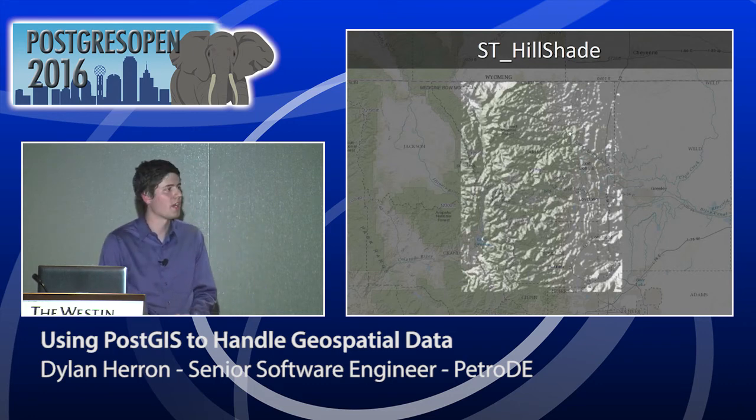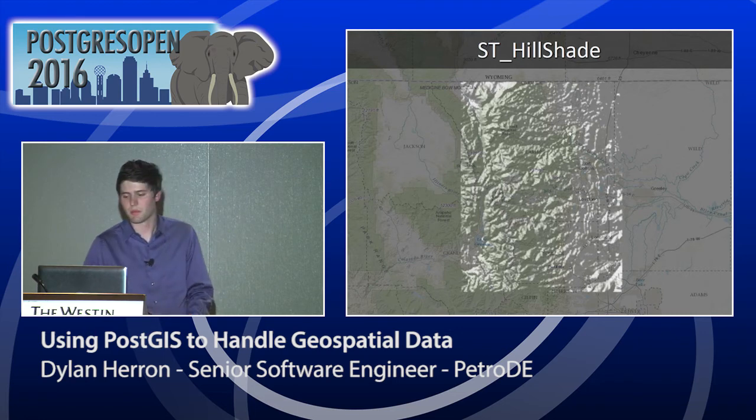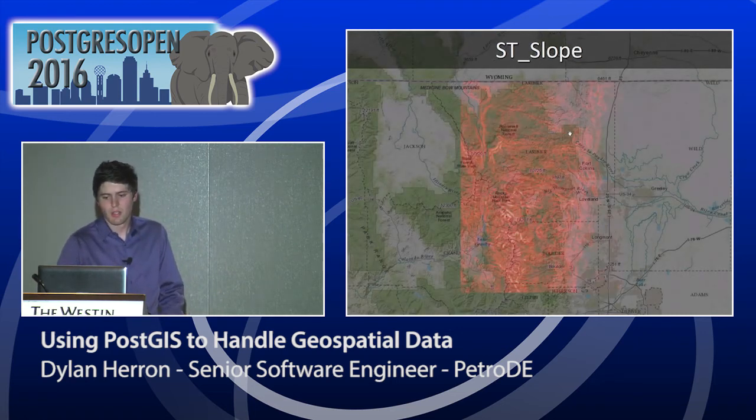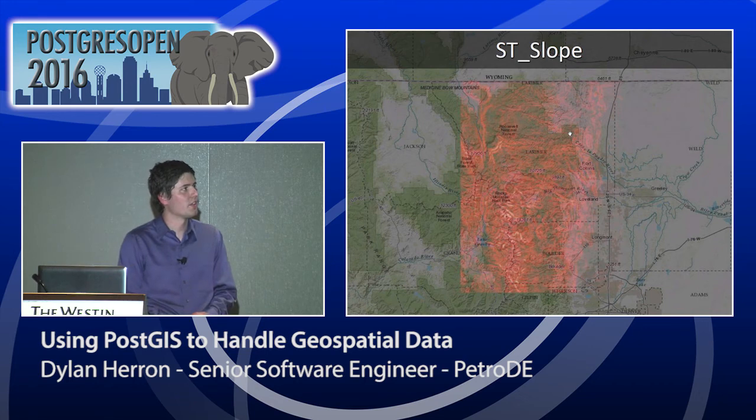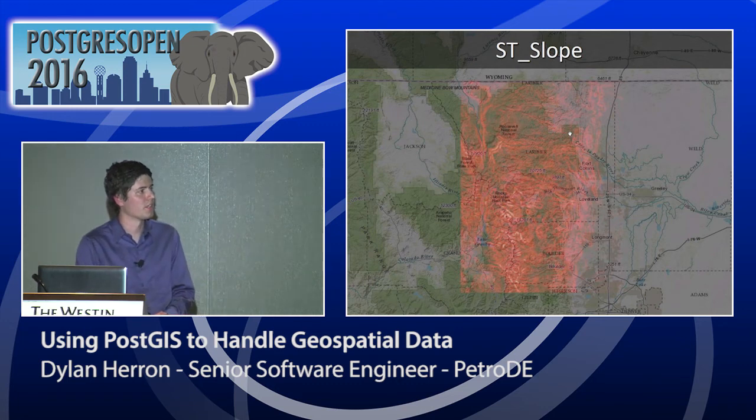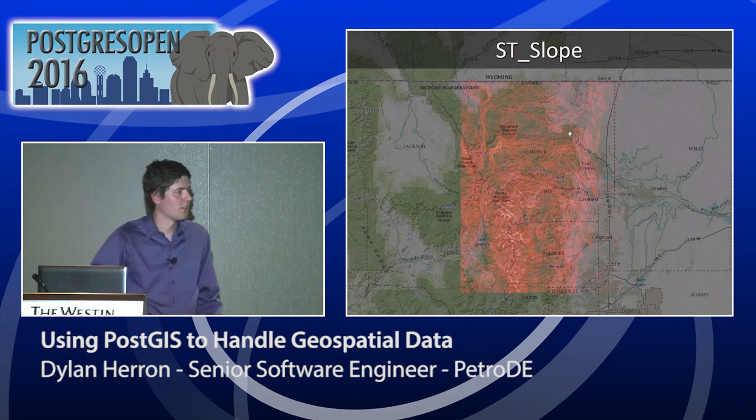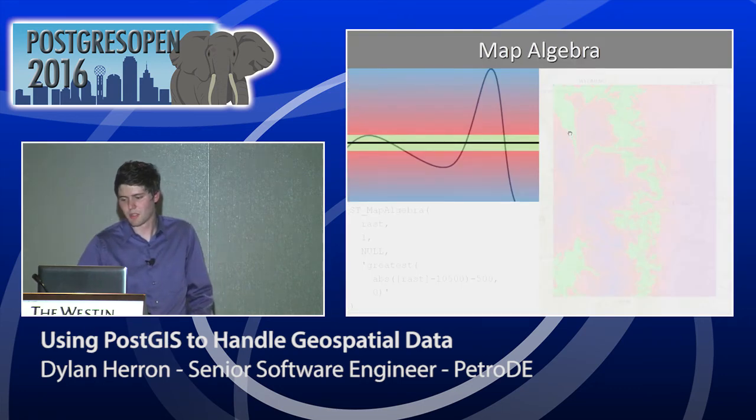You just pass in a raster there, that angle, and it'll output this raster here. Another thing you can do is call ST_Slope to compute the slope at each of those locations on the digital elevation map, which might be helpful if you're doing analytics on steep slopes.